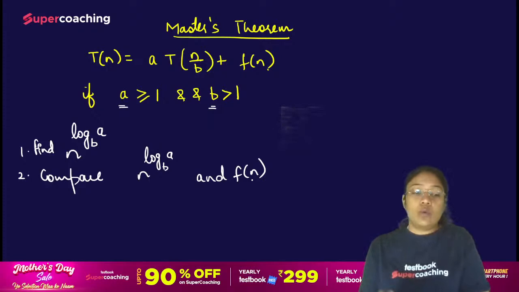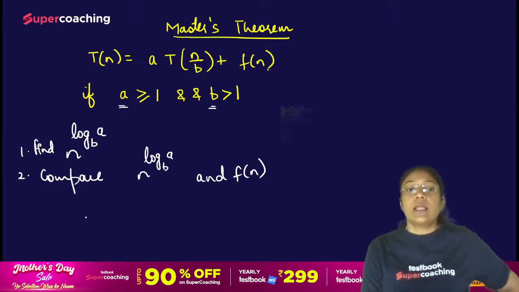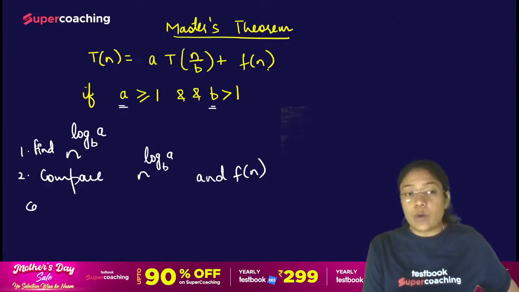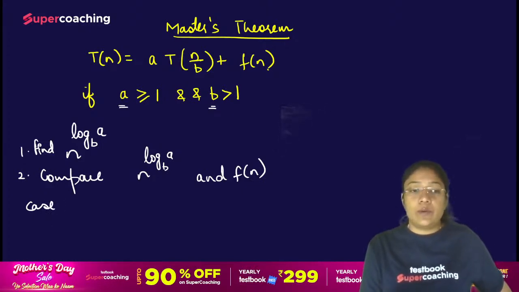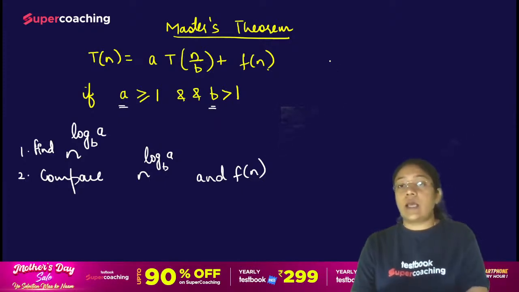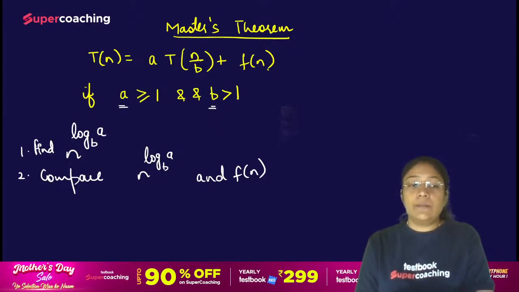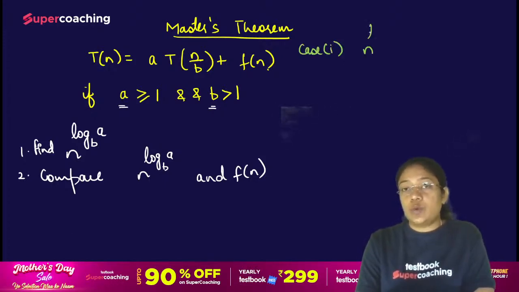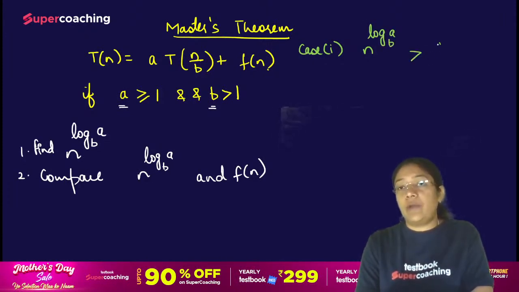जब दो फंक्शंस को हम कंपेयर कर रहे हैं, then there are 3 possibilities. Case 1. Okay, let me write this on the other side, otherwise it may go beyond the image. So there will be 3 cases after doing the comparison. Case 1: n raised to power log a might be greater than f of n.